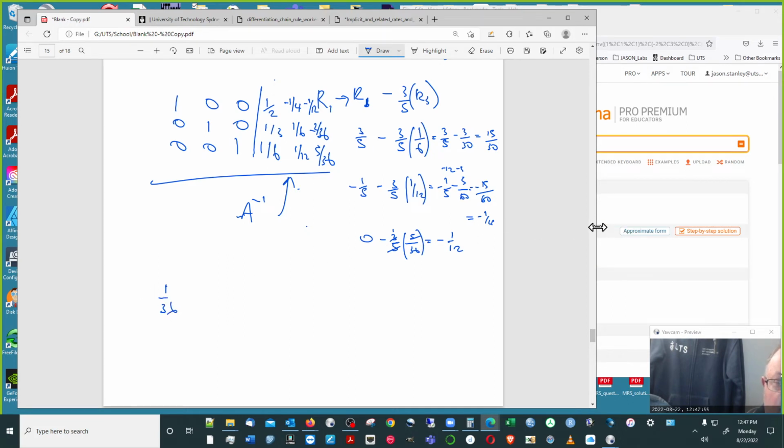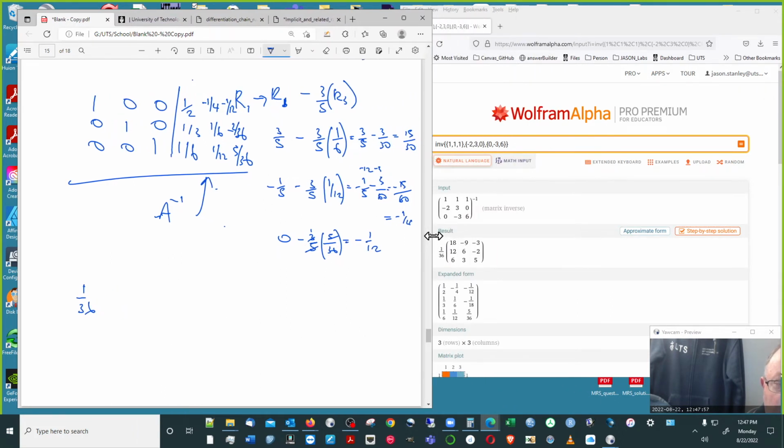Let's just shrink this down a little bit. 18. And we're going to multiply that by b, which was, okay, and so we go row down column.